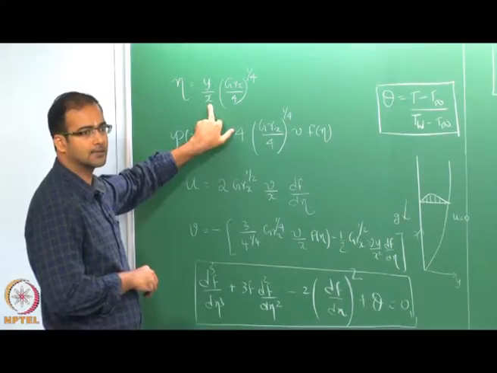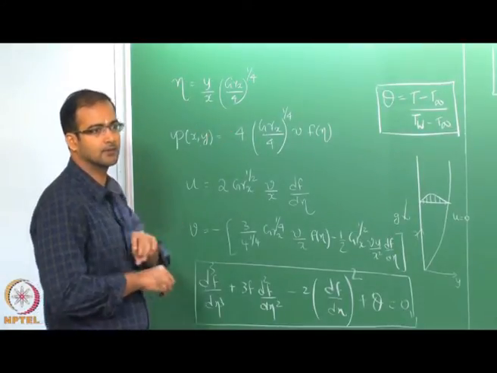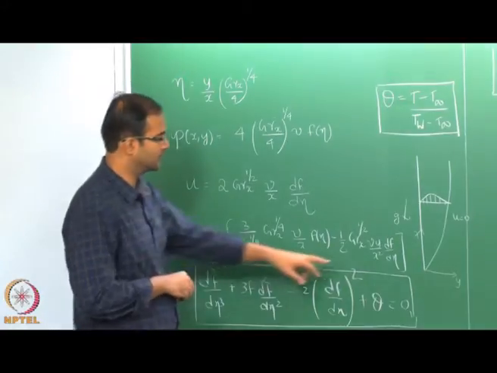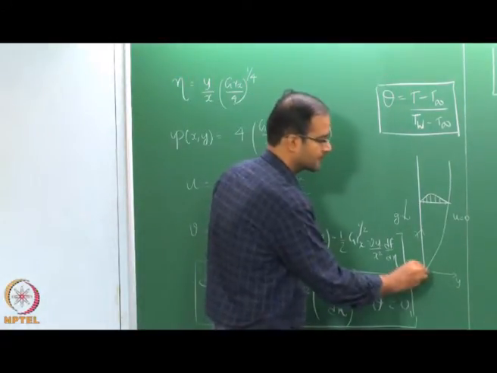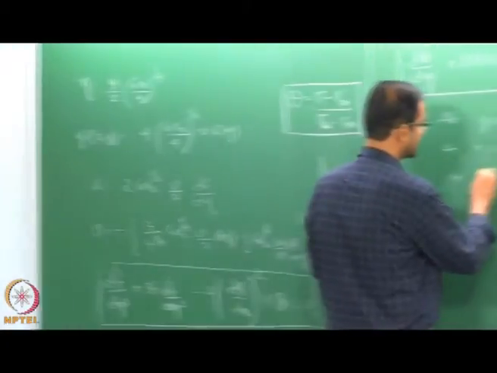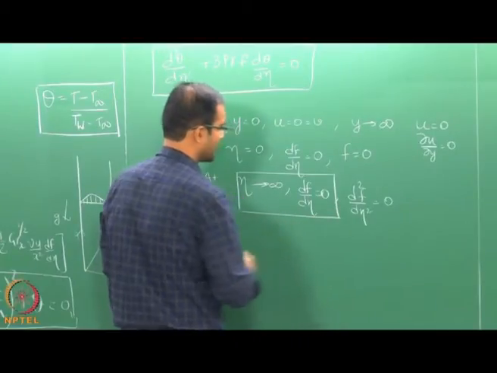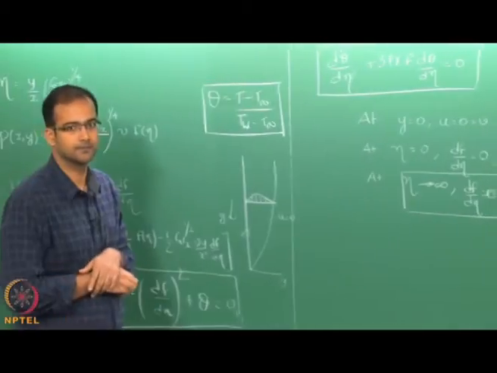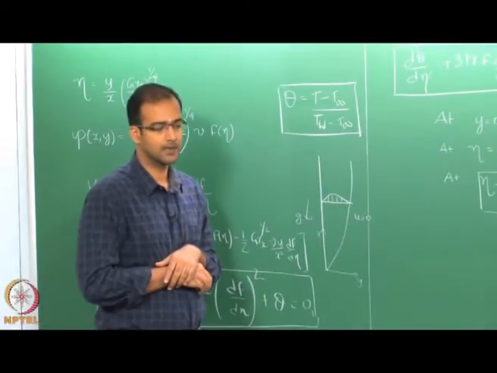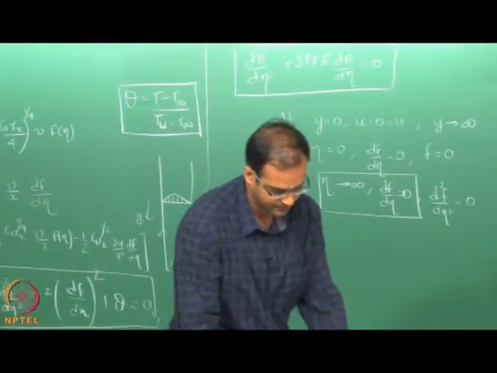So, therefore, at x going to 0, eta going to infinity, what is the condition? U should be equal to 0. So, the x going to 0 condition is satisfied by this condition as well, right. So, these are the conditions now.